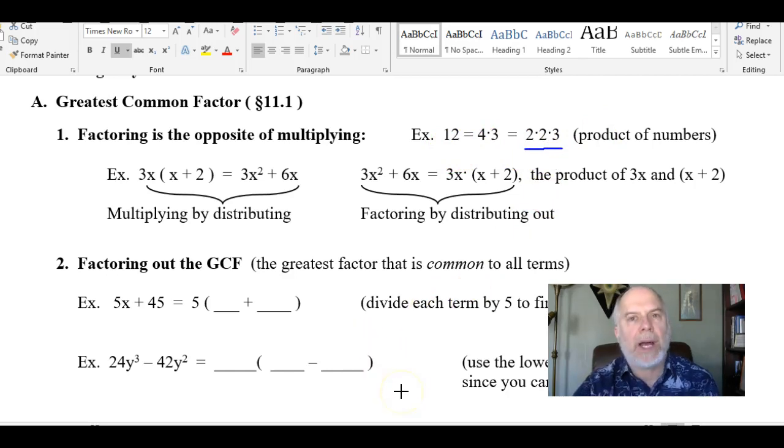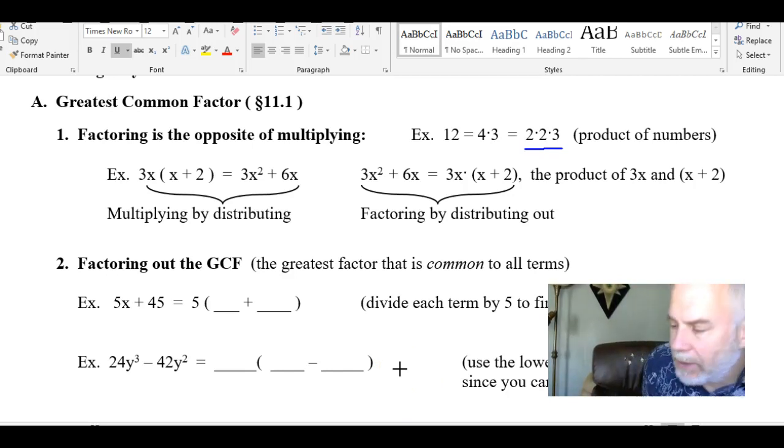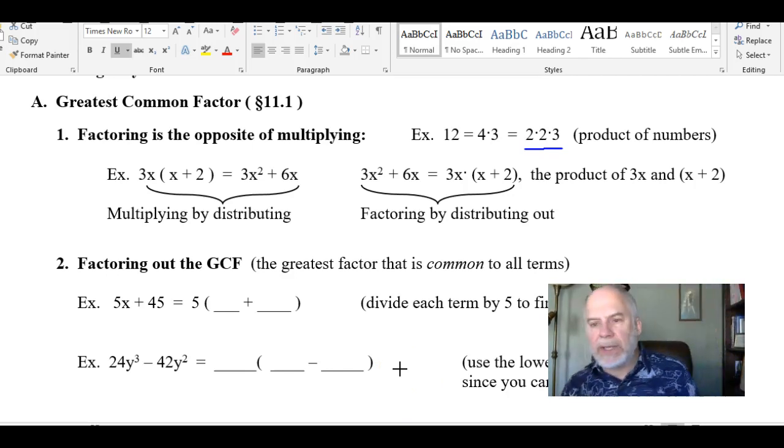That's called the prime factorization of the number 12. So when you factor a number, you're basically breaking it down into its factors. It's the numbers that multiply to give you that. Now, when you're factoring a polynomial, you're breaking it down into polynomials that multiply to give you that original polynomial.